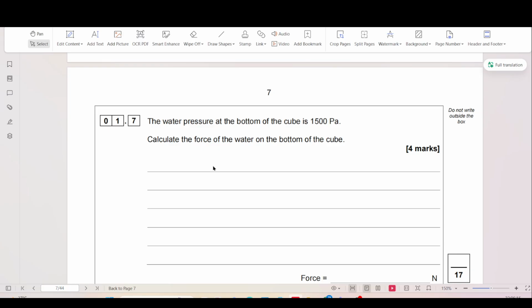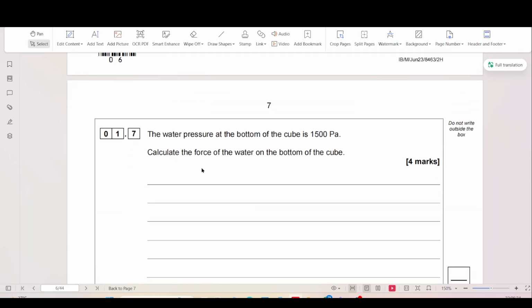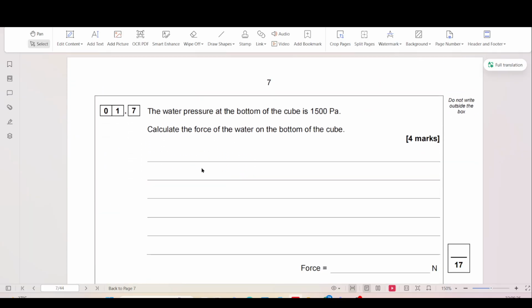I don't think I have that. You don't have it? Okay, look at my screen and try it.